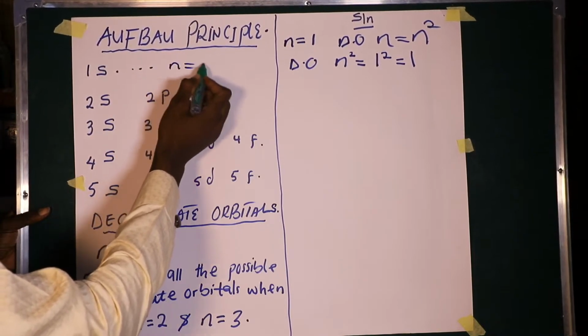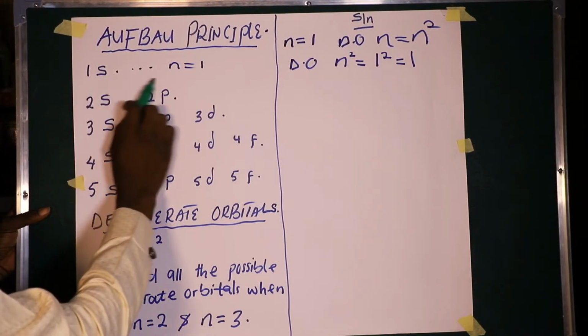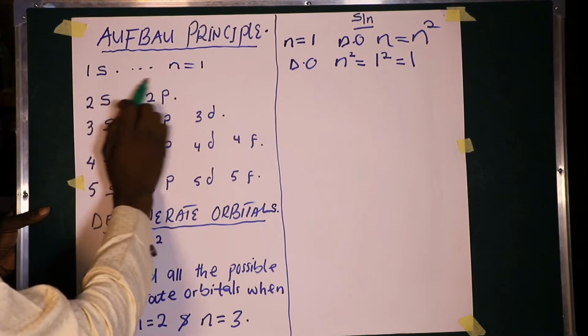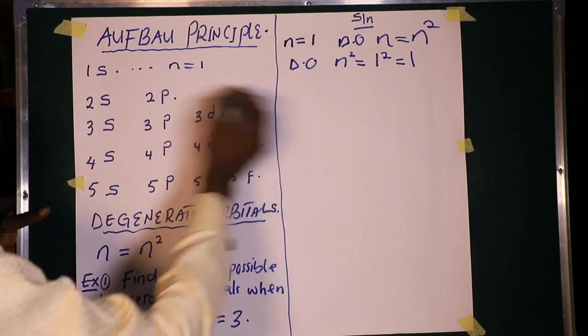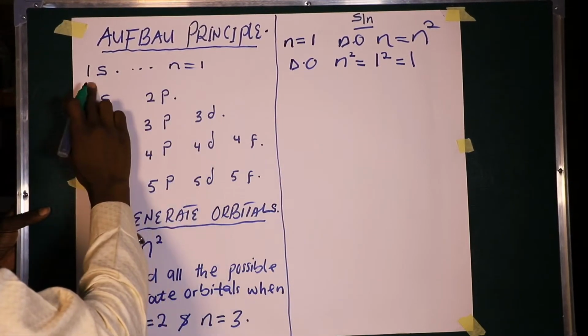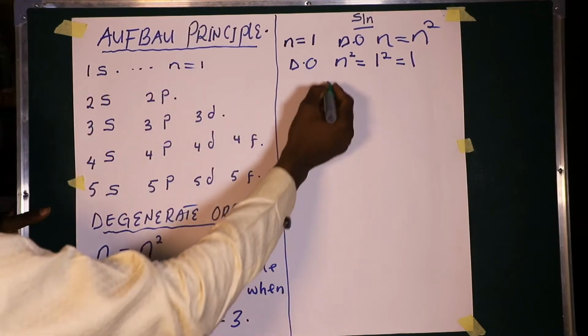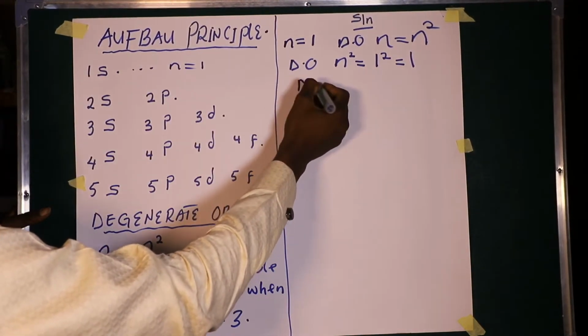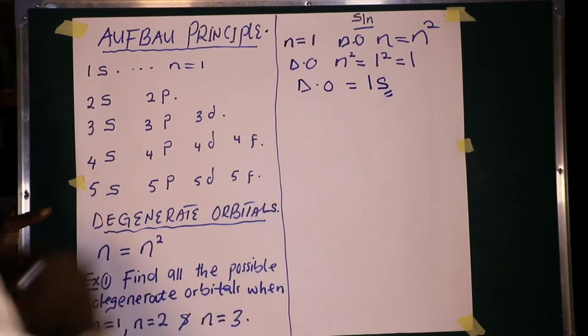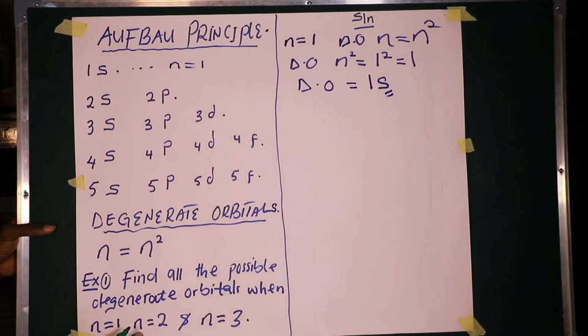This is where the energy level n is equal to 1. Then we carry all the possible orbitals on that energy level. That means it's only 1s. So then we take it down and write it in degenerate orbitals: 1s. And we know s has no suborbitals.